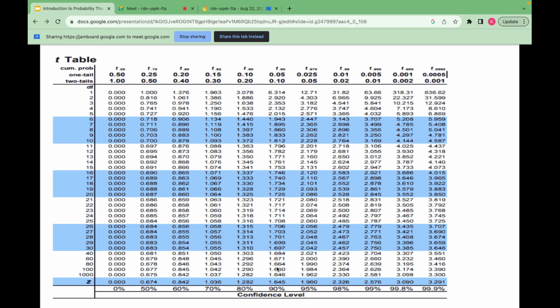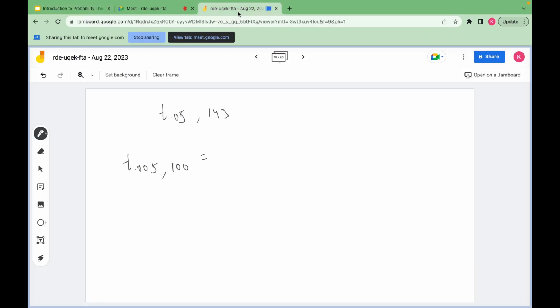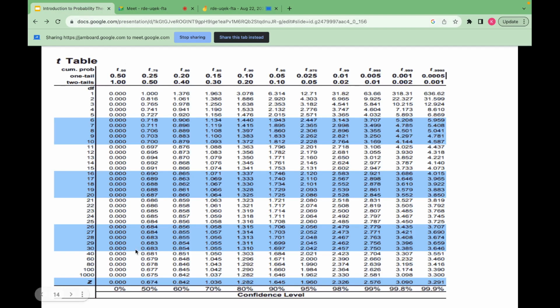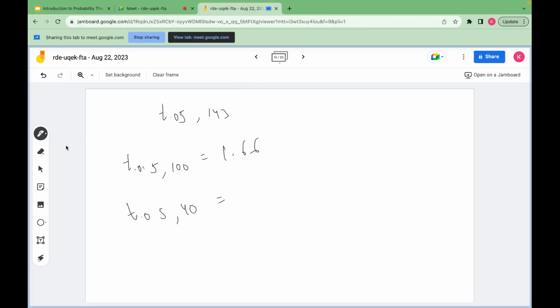This value is 1.66. For 0.005 and 40, this value is... alpha by 2, so it's 0.005, right? No, sorry, it is 95%, right.